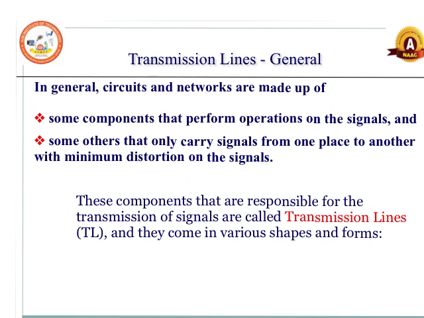They just transfer the signals from one place to another. They will not do any operation on the signals, and this transfer will be done with minimum distortion on the signals.